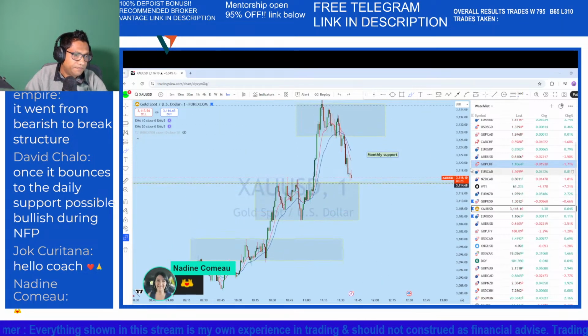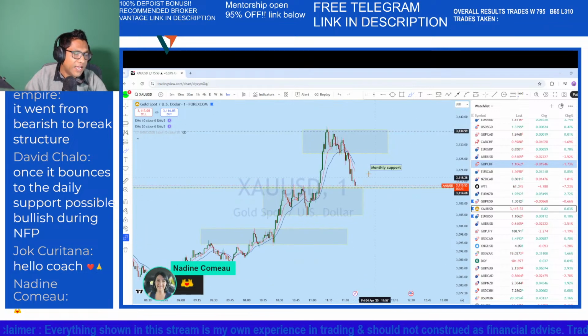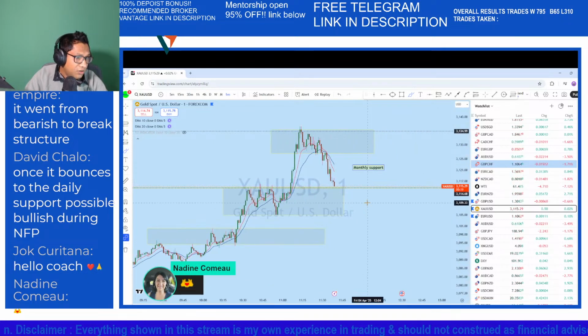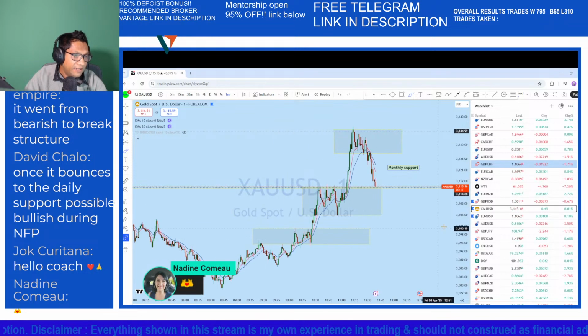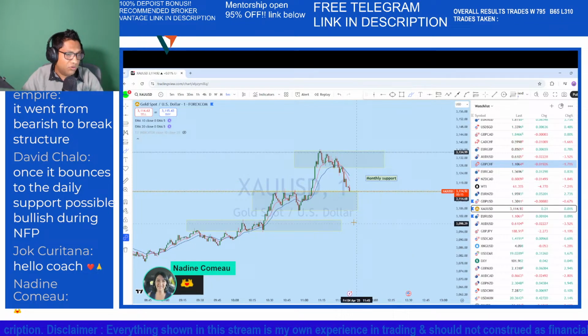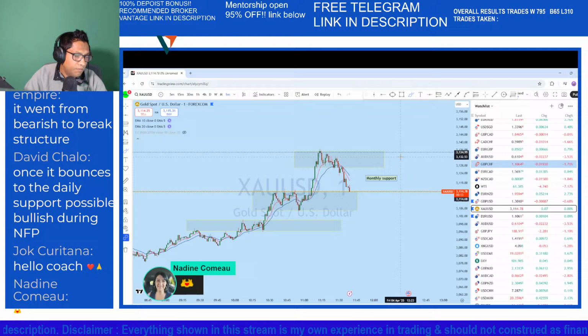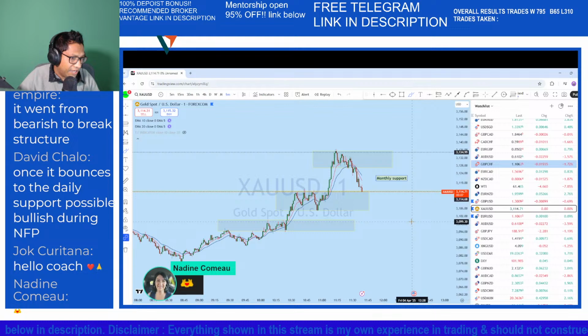Now here you can see this is a structure dropping back below here to the support level, and then we can expect the market to possibly go back up and bounce again.